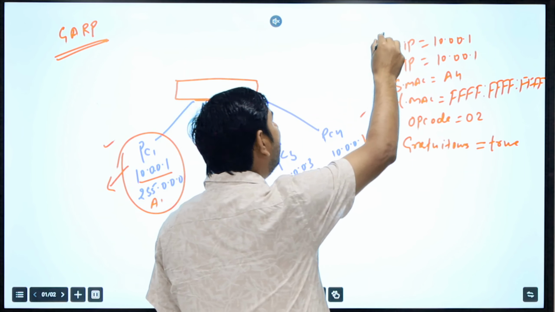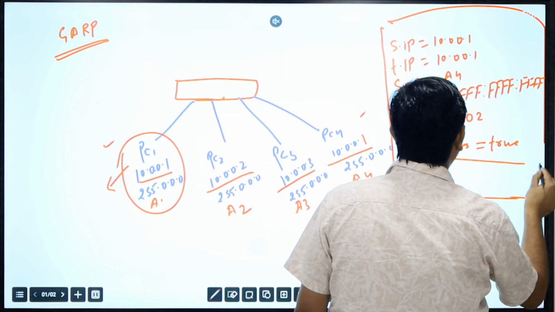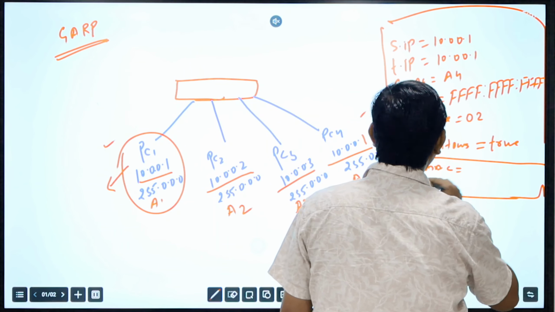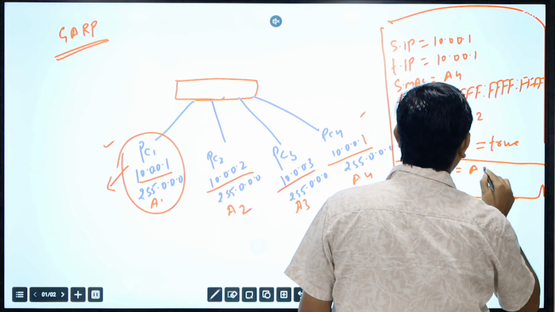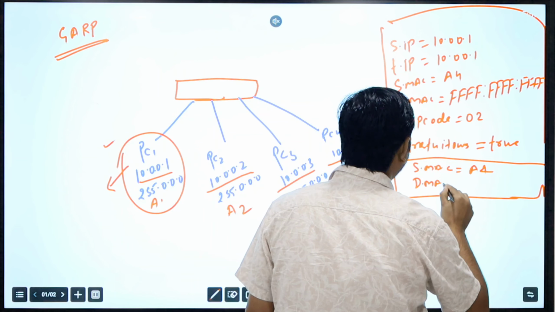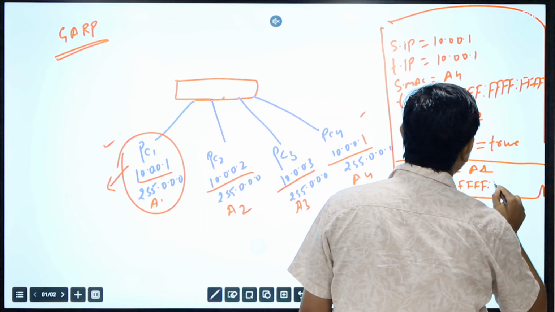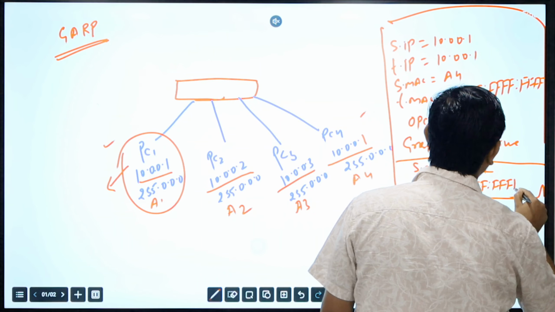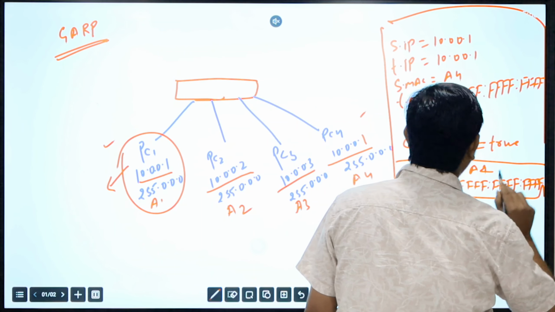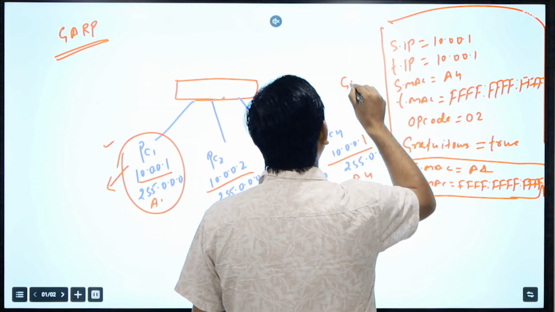Then this message is going to be encapsulated under the layer 2 header. The source MAC address is A4, and the destination MAC is the broadcast MAC address, again all F. So this is your L2 header, and this is the GARP message.